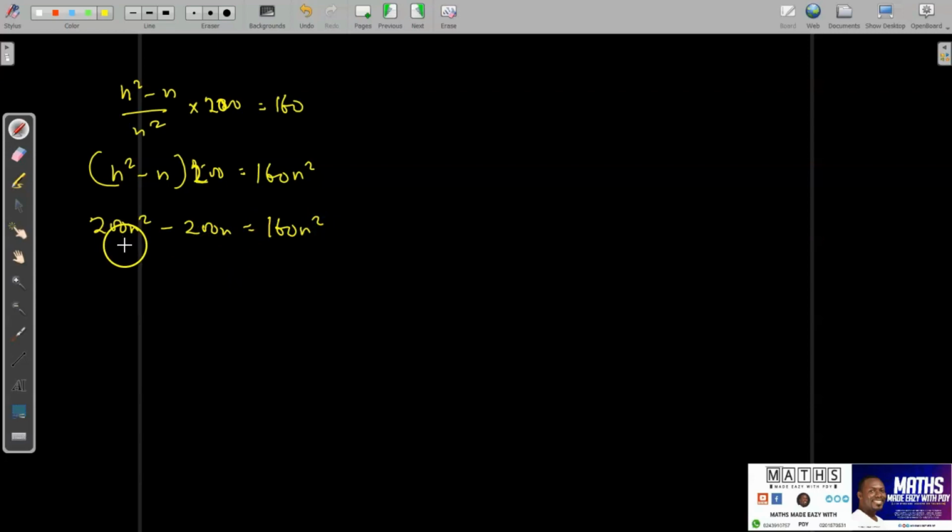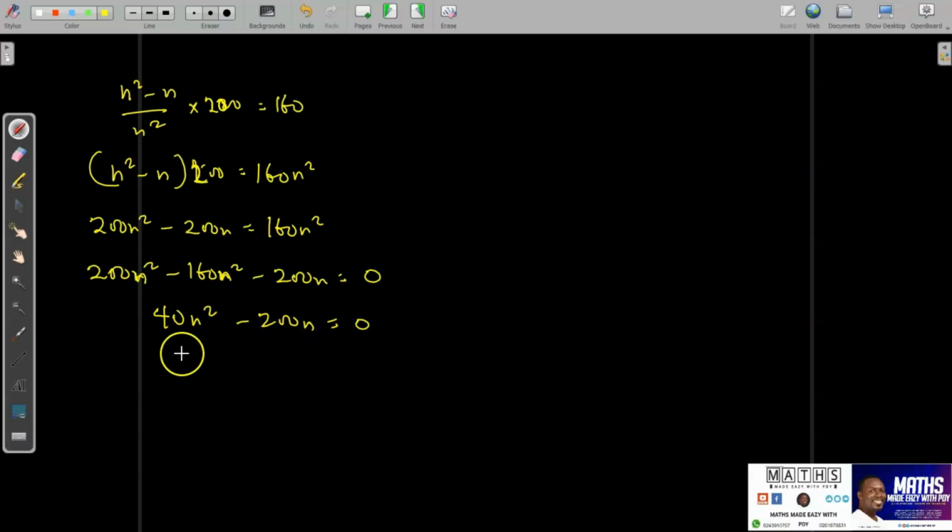It has become a quadratic equation you need to solve: 200 n squared minus 160 n squared minus 200 n equal to 0. Now 200 n squared minus 160 n squared is left with 40 n squared minus 200 n equal to 0.